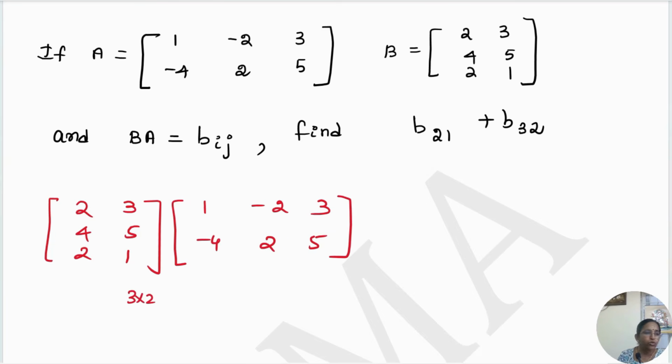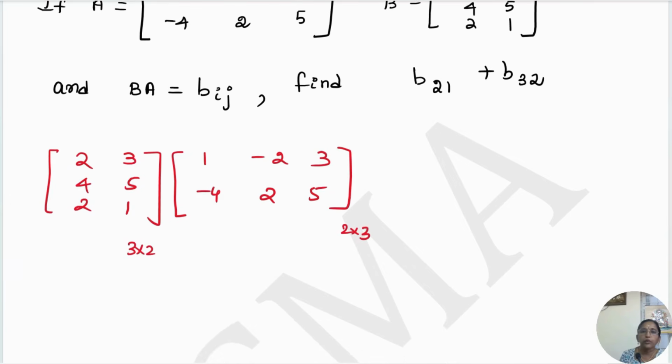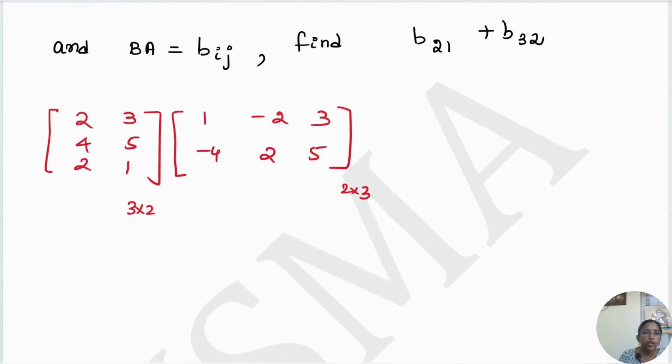This is 3 cross 2 and here it is 2 cross 3. So the resultant matrix will be 3 cross 3 for us in this case. So what is asked in the question? B21. So B21 in the sense after finding the multiplication, the B21 is the second row with the first column.